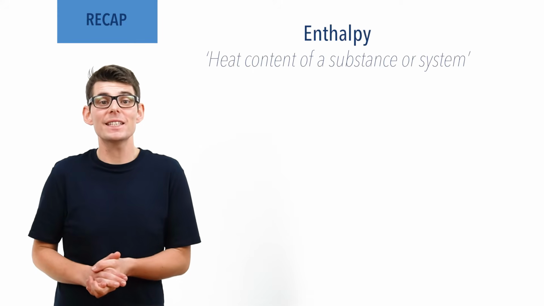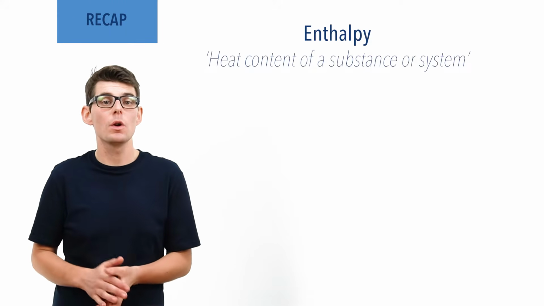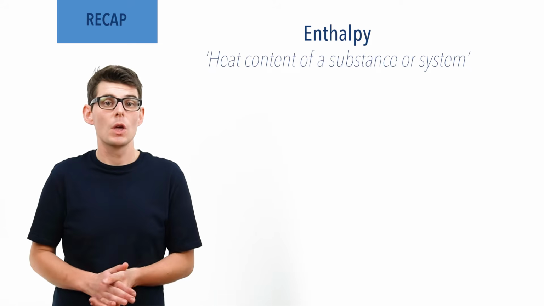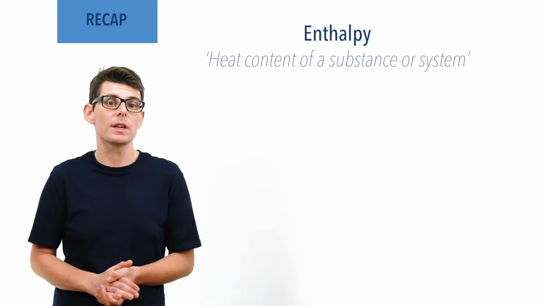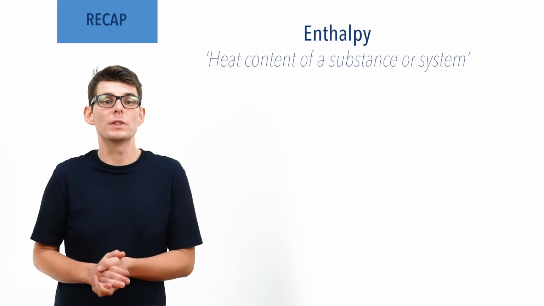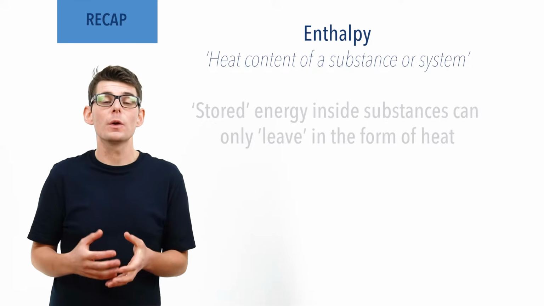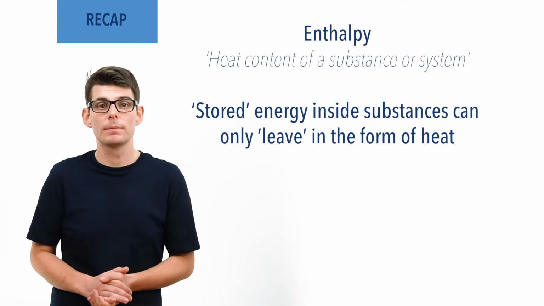Before we talk in detail about Hess's Law and Hess cycles, there are a few essential ideas you need to be comfortable with. Enthalpy is the heat content or thermal energy store of a substance or system. All molecules and substances have thermal energy stored up inside them, as when some of their stored energy is released, it can only flow out in the form of heat.